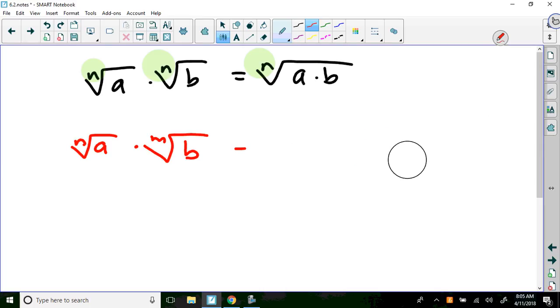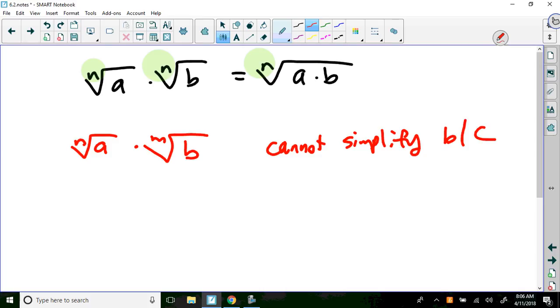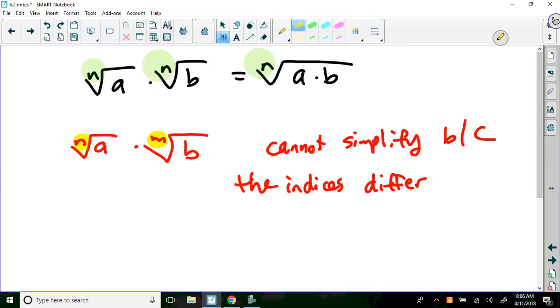There's really nothing we can do to that. Okay, so here we would just say cannot simplify. And the reason we can't is because the indices differ, because they're not the same. Because those indices, the n and the m there, because they're not the same number, it's not possible to simplify that.